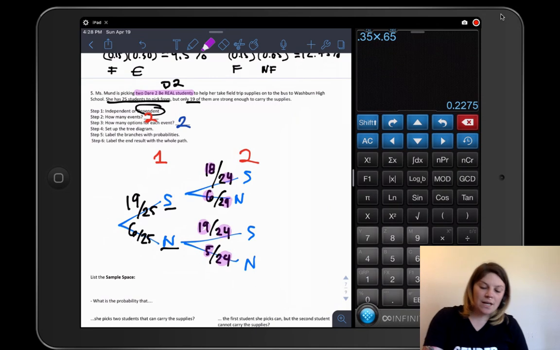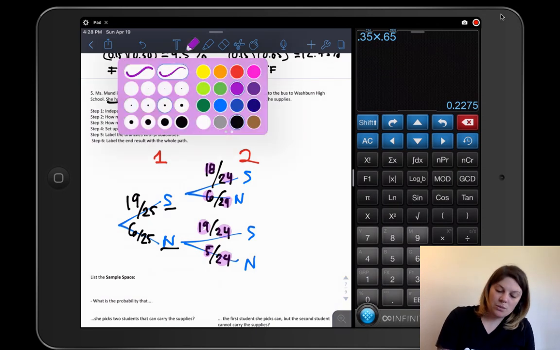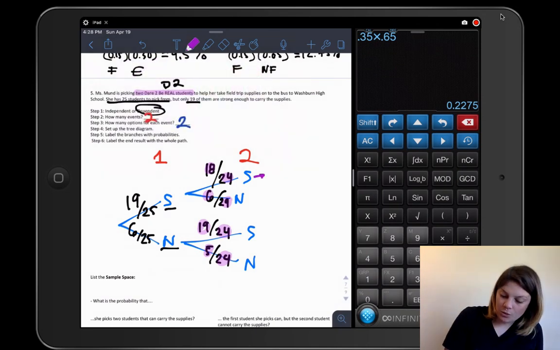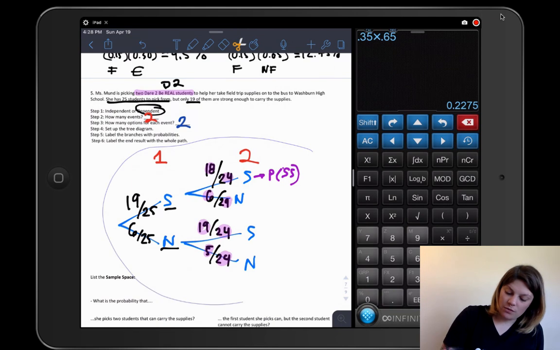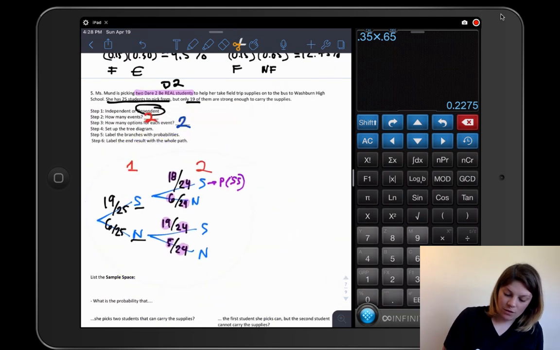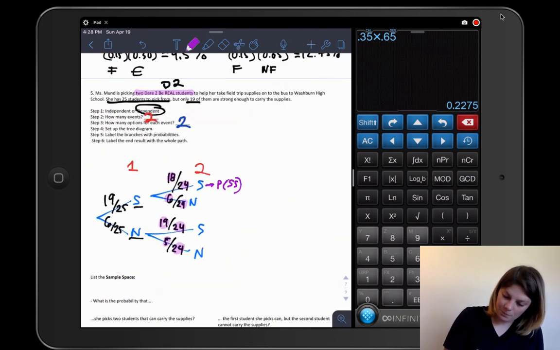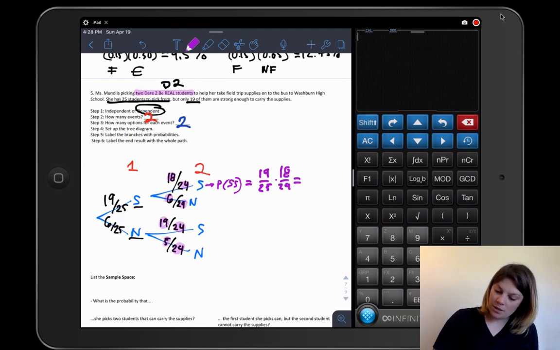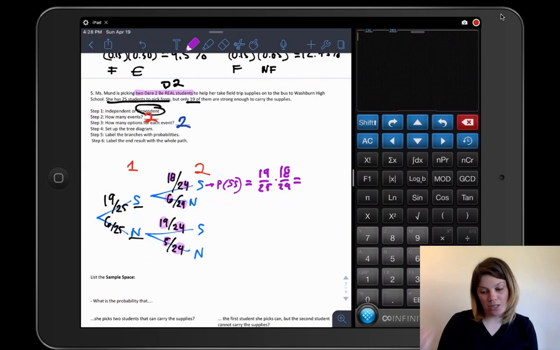Okay, so again, we could go through, and this one wouldn't take as long. We could go through and say this is the probability of strong enough. And I'm going to move everything over to the left here, make it a little smaller to fit. That would be, and we look to the branches to find the probabilities, the 18 over the 24, and then we would go to our calculator, and this is a scenario where you need to use the fractions.